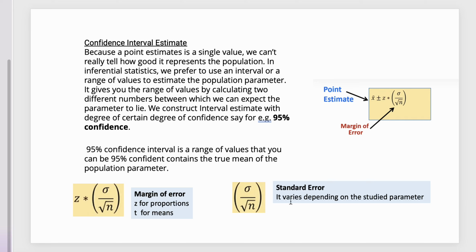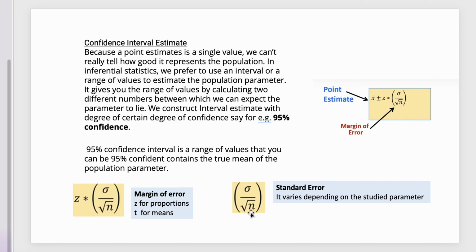This little number here, in case it ever comes up in a problem, is called the standard error. These sample means are floating around. If you're doing a confidence interval, you're taking all of these sample means and you're making a graph of them, and this is the standard deviation of the sample means, and it's called the standard error.